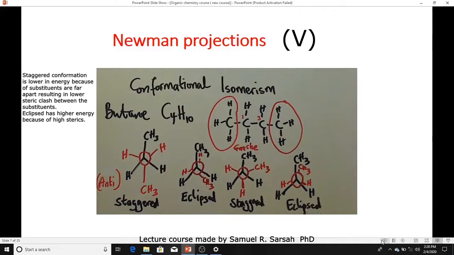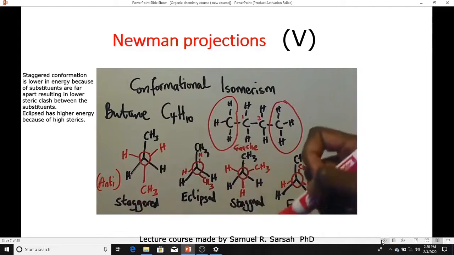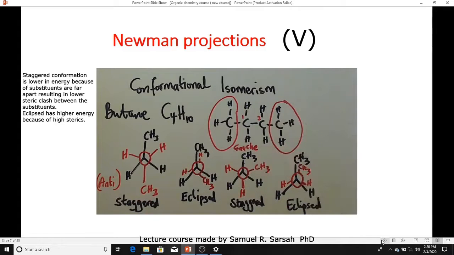And yeah, usually the anti is lower in energy than the gauche, but in some strange cases, especially when hydrogen bonding is possible, they have found that if there is hydrogen bonding involved, the gauche tends to have a lower energy than the anti, but those are very special circumstances.